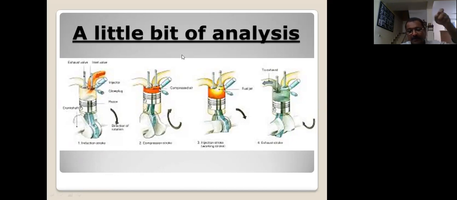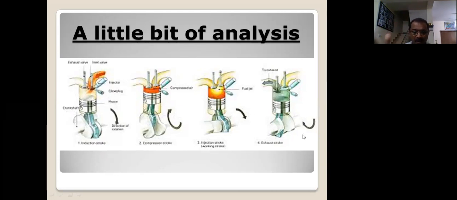The bottom point will be driven to the top point. So with this, two strokes are completed, and within this, one complete revolution of your crankshaft is completed. Again, the same thing will repeat. Two more strokes are there to complete our one cycle of operation, so again one more revolution will be made by your crankshaft.